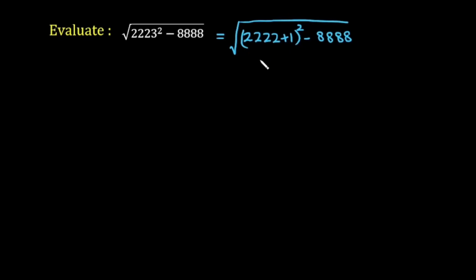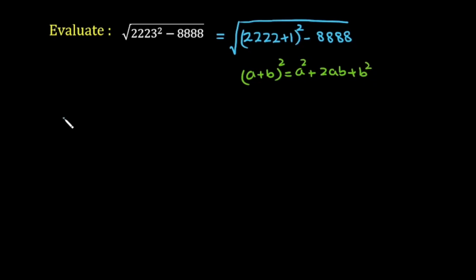This is our formula: a plus b square, which is a square plus 2ab plus b square.